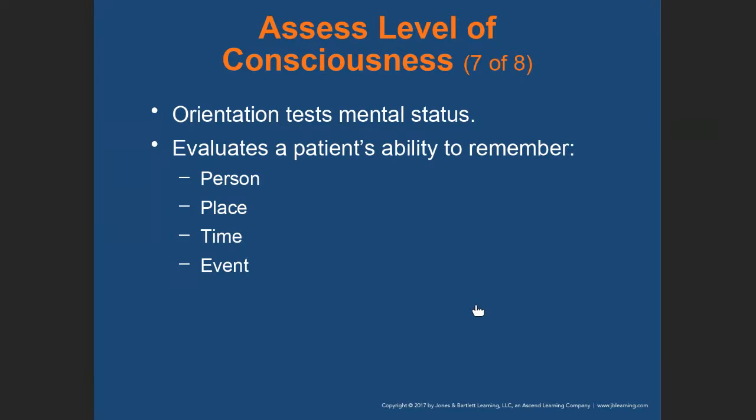If they are not able to answer these four questions clearly, then they are said to have an altered mental status. So that's what altered mental status means. It means this patient is not fully oriented to person, place, time, and event.